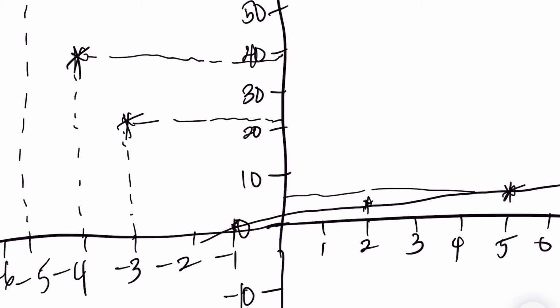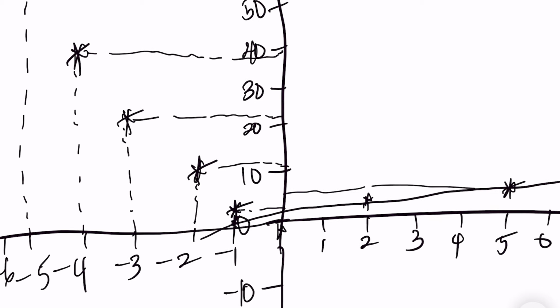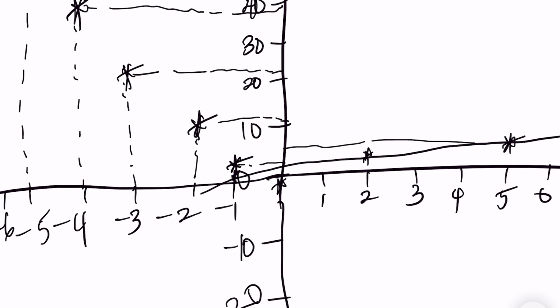And where x is minus 2, we have it to be 11. Where x is minus 1, we have it to be at 3. And where x is 0, we have it to be minus 1.